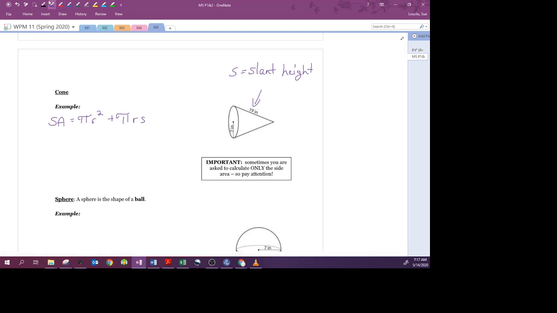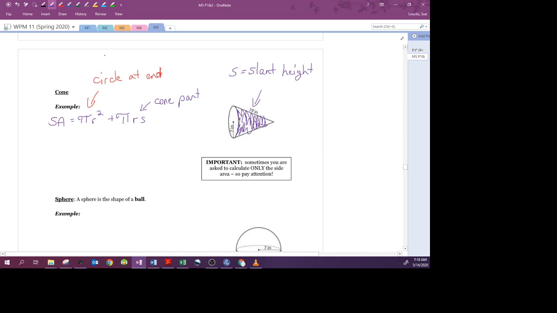All right. And as in the cylinder, the pi r squared is the circle at the end. And the pi rs is the cone part, if that makes sense. It's like this part here. Okay, that's pi rs.